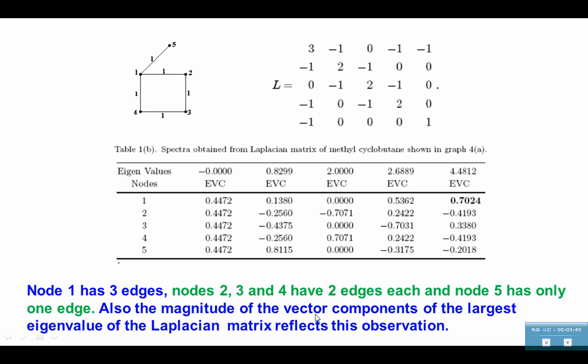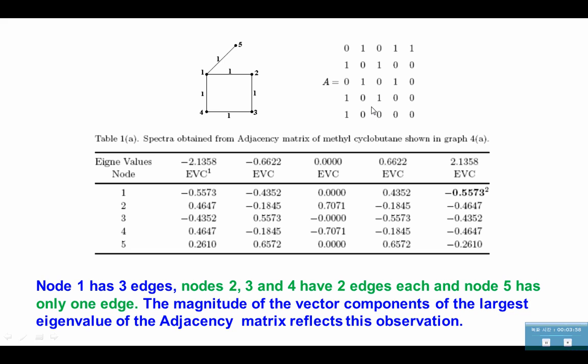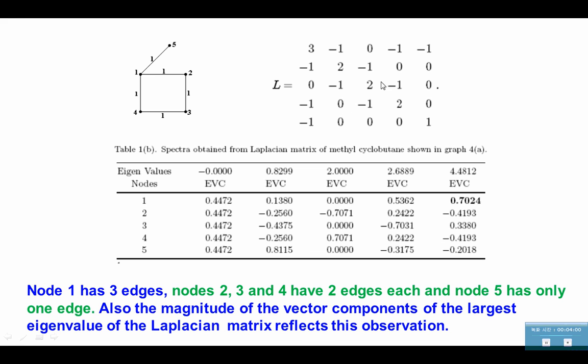Also, the magnitude of the vector component of the largest eigenvalue of the Laplacian matrix reflects these observations. So now we have two tools. Sometimes the adjacency matrix is enough, but sometimes the analysis on the Laplacian matrix gives better information from the given graph.